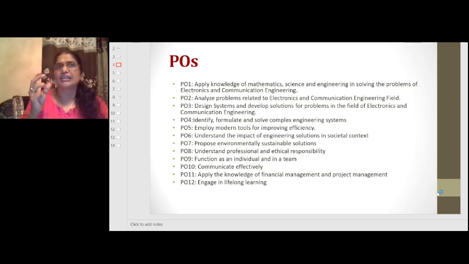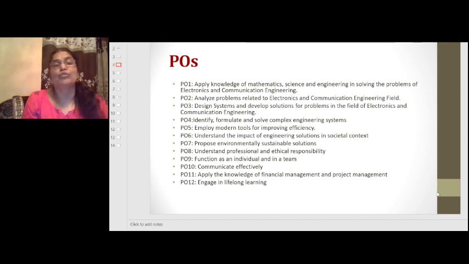Okay, so you are an engineering student, for example, and the AICTE itself, they have framed 12 program outcomes which are common to all the engineering graduates. The first PO1 is applied knowledge of mathematics, science and engineering in solving the problems of electronics and communication engineering.